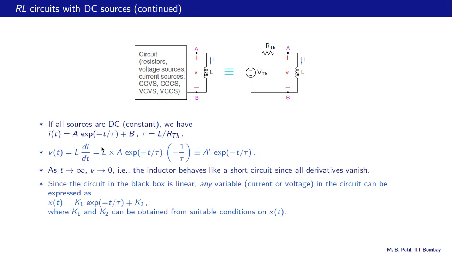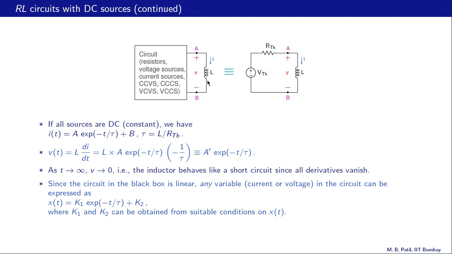To summarize, if we have a linear circuit with DC voltage sources or DC current sources connected to a capacitor or an inductor, then any quantity in the circuit, that is any current or any voltage, is given by this expression here, x of t equal to k1 e raised to minus t by tau plus k2.